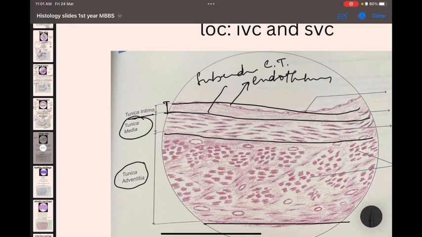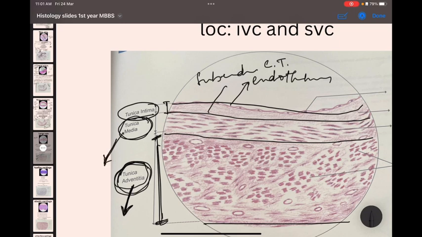The first layer is tunica intima, second layer is tunica media or the middle layer. But in the case of large vein, we have adventitia layer as the thickest layer. So you have to write this layer larger compared to your media. Okay, so less and more.